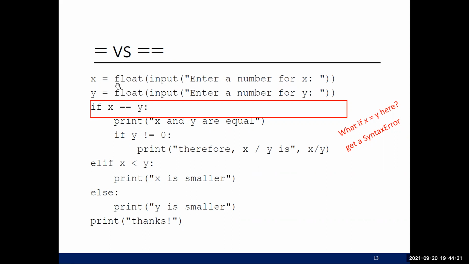Here, the answer is a numeric floating value. If we write if X equal Y, we will have a syntax error, because after if we should have a logical operation, a comparison.